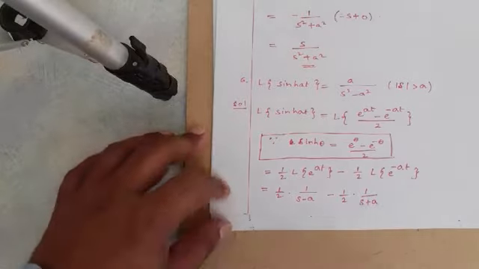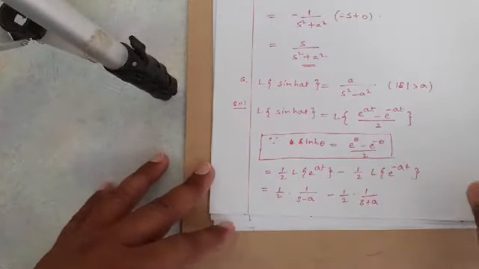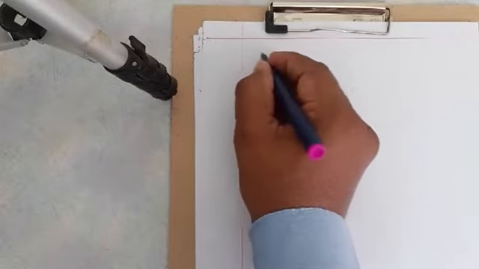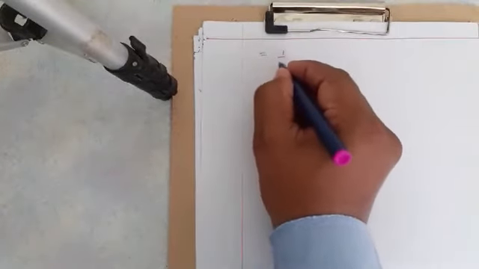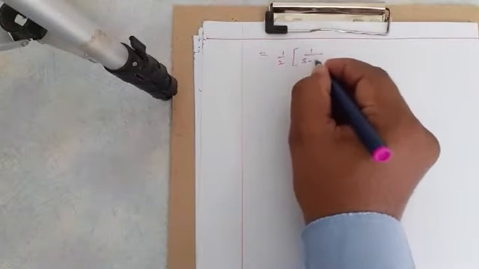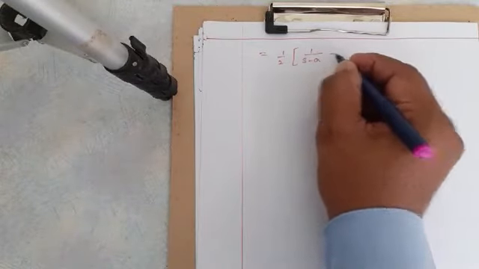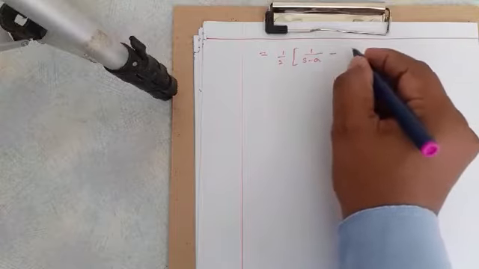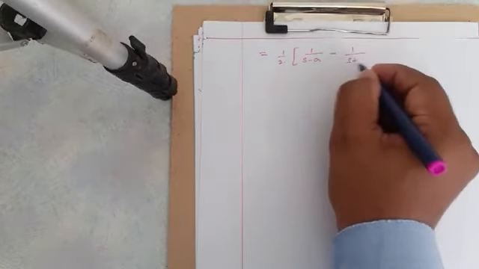Then after writing this, you can simplify. So when you simplify, this is equal to 1 upon 2 in bracket, taking 1 by 2 common, 1 by s minus a minus 1 by s plus a.